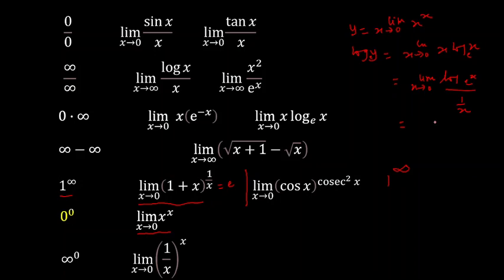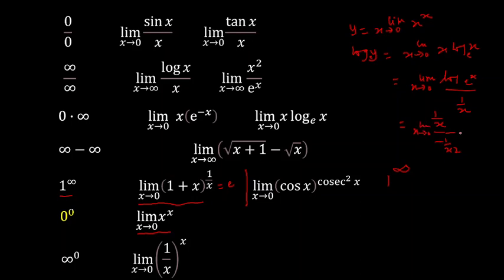So L'Hospital's rule will be applied and we will differentiate numerator and denominator. So it is 1 by x divided by minus 1 upon x square, x tends to 0 limit.